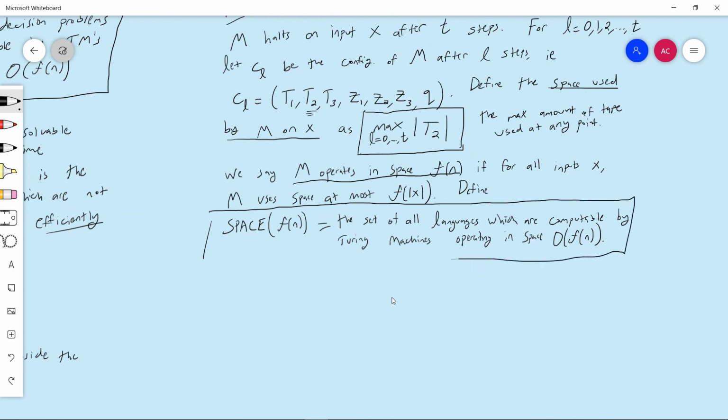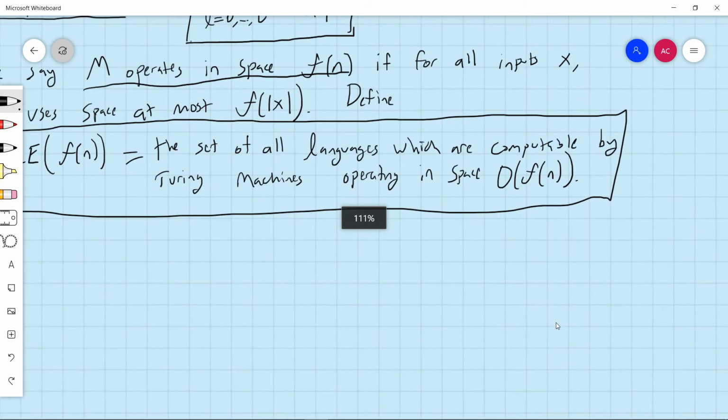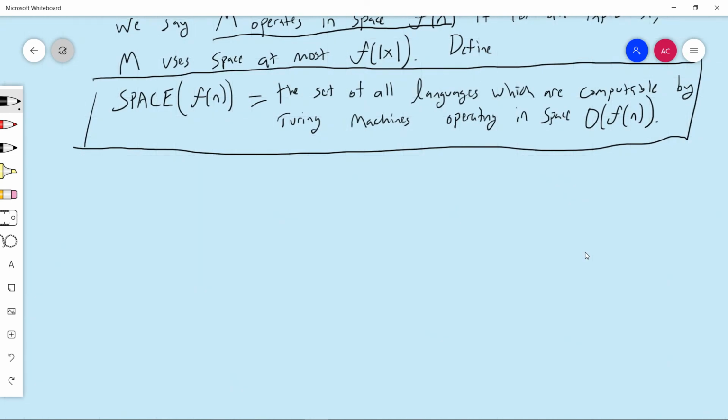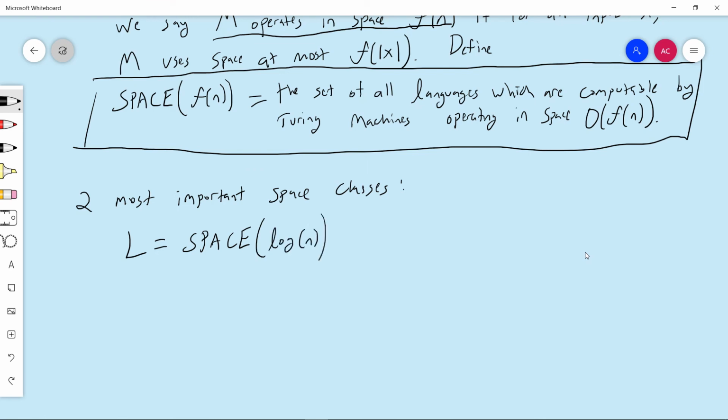And we'll finish up by defining, just as we did for time, the two most important space complexity classes. So I'm going to define L. L is a very, very special class. It's equal to space log n. Base of the log is technically 2. Doesn't really matter.